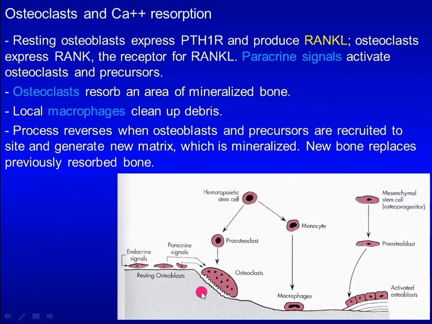Osteoclasts resorb an area of mineralized bone. Local macrophages clean up debris. The process reverses when osteoblasts are recruited to the site and generate a new matrix, which is mineralized. New bone replaces previously resorbed bone.